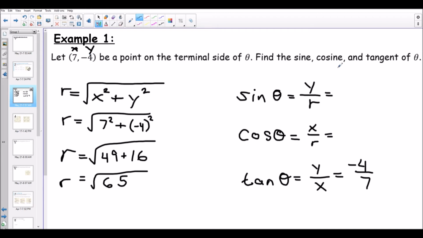We need to take our y value, -4, and divide it by our radius, which is the square root of 65. However, we can't leave it like that. That's not in simplest form. We're going to have to rationalize it.